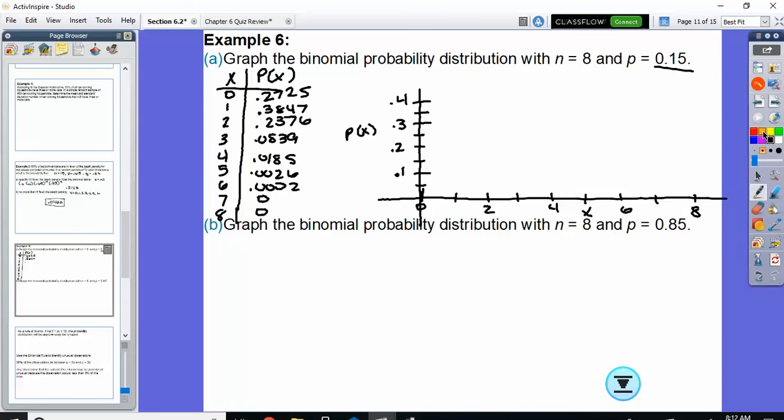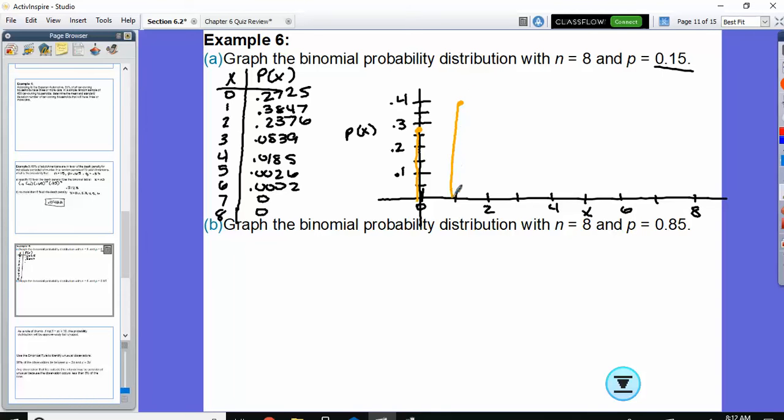Alright, so then if I were to graph this, at 0 the probability is 0.27. So remember we just put a dot and drew a vertical line going up to that. At 1 my probability was 0.38. 2 was 0.23. 3 was 0.08. 4 is 0.01. 0.002.